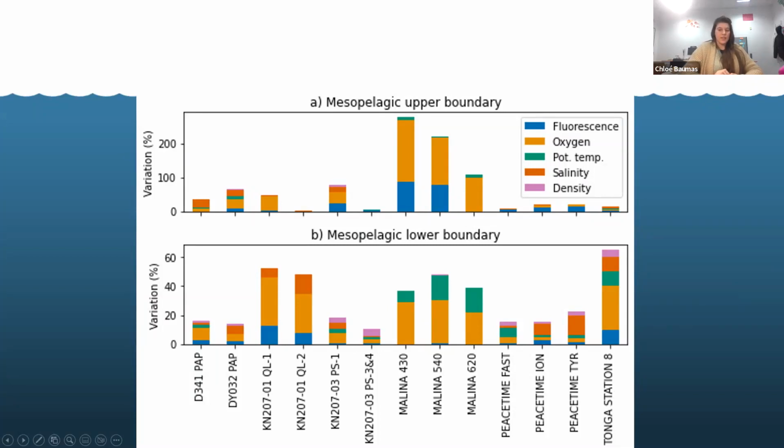As you can see, oxygen is the main one, the orange one, but if we look at the sum of total variation explanation, other variables are also important, such as temperature here, or density here for the West North Atlantic, or fluorescence here.